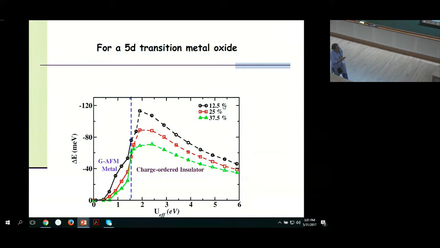And that's understandable because you're doping electrons into the minority spin band, and therefore decreasing the effective contribution of the antiferromagnetic background, of the G-type antiferromagnetism that one has here.